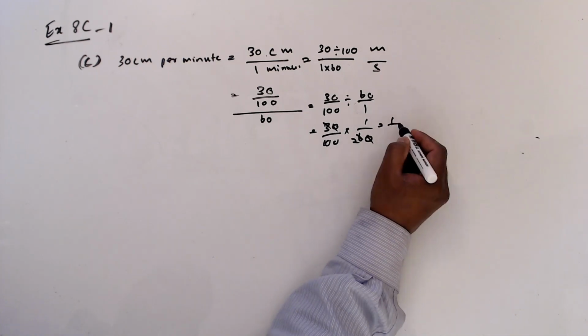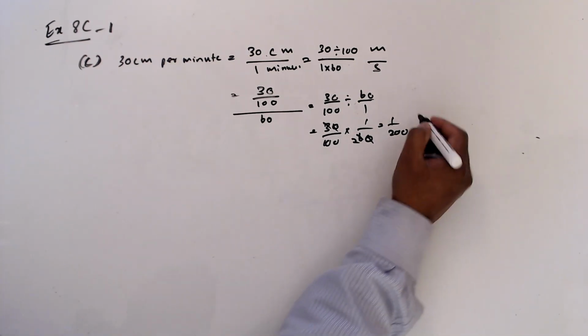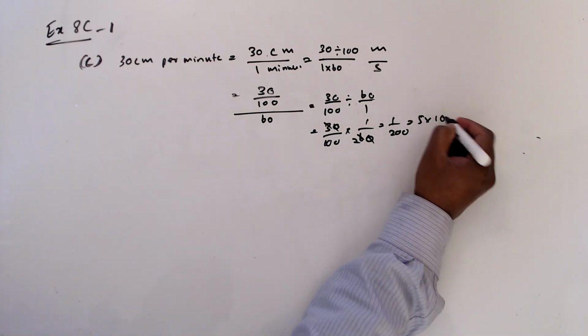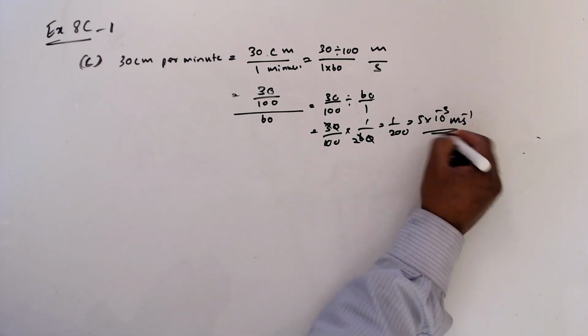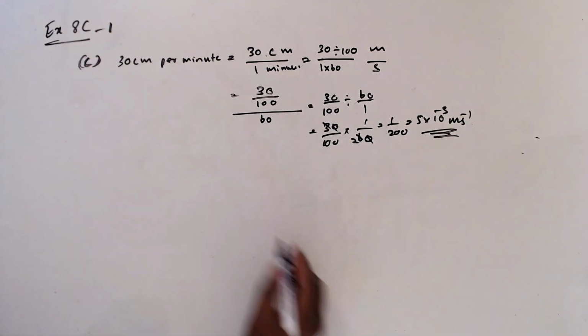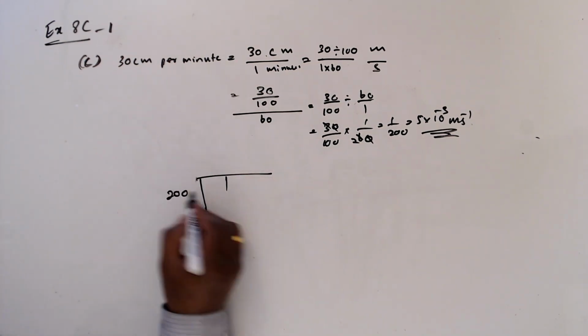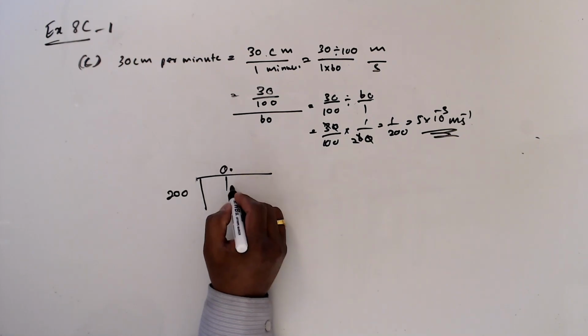So this is going to be 1 over 200, or 5 10 to the power minus 3. M is minus 1. 1 divided by 200. Right? There is no keep decimal.